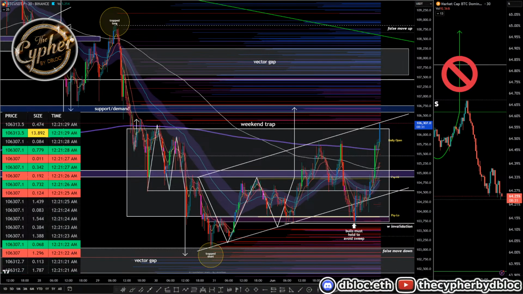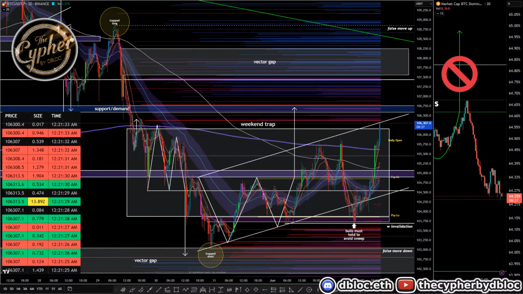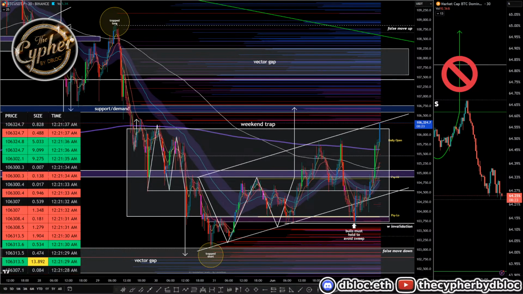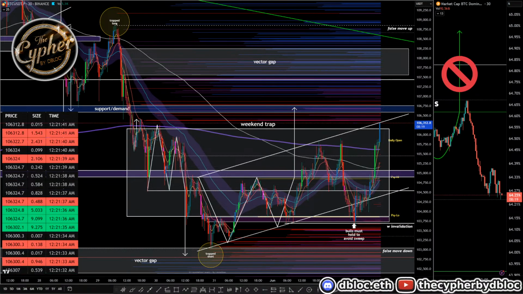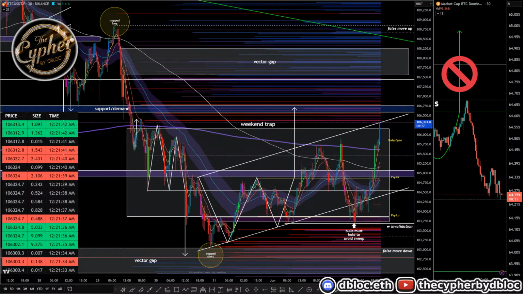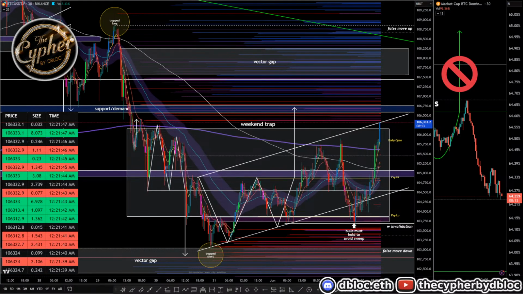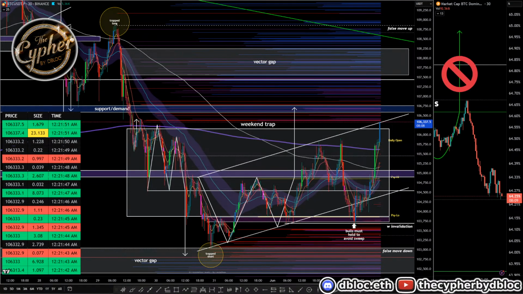This dashed line represents the 1 hour 50 EMA. This line is created because it's when the 1 hour time frame got over this line, and the 50 EMA was moved up past this point.